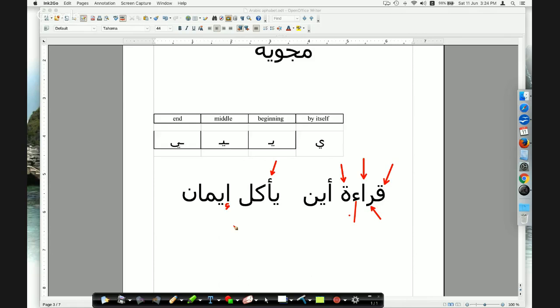Just memorize it and you will be very fine. Here you will see this Hamza on the top. This Hamza is down at the bottom of the alif. This Hamza is by itself. So what is the rule? I'm not going to give it to you right now because it's too early.